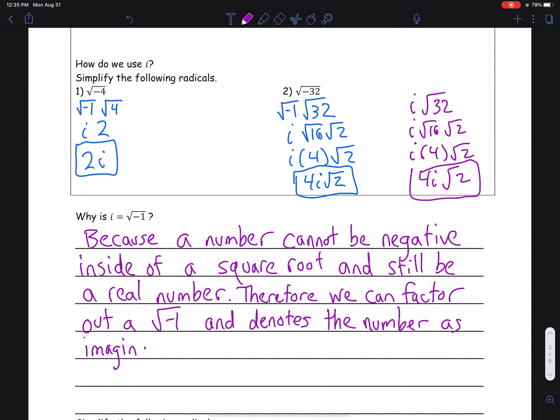And instead of radical negative 1, we just write i. It's a lot easier to see that it's imaginary, like we did in the previous 2 questions.